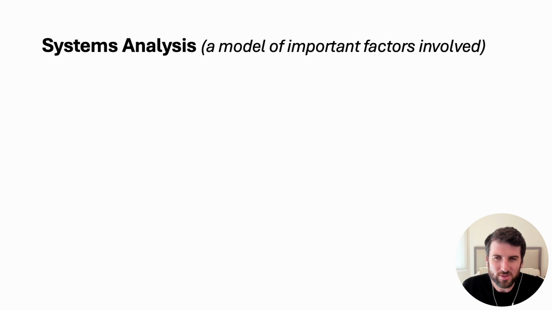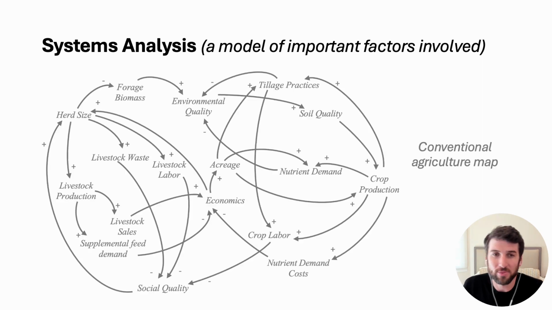So we've talked a little bit about what a system analysis is. And this is a model of the important factors involved. And like we said, there's no true model, and there's different ways to slice and dice the world. So it's not really about finding the right model, but it's really about finding a useful model for the relevant stakeholders for the given problem under consideration.